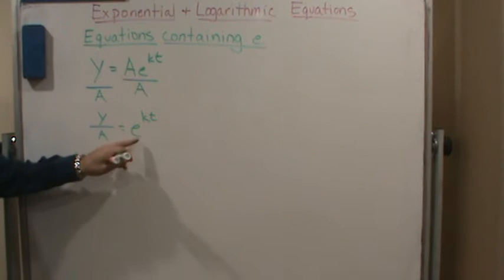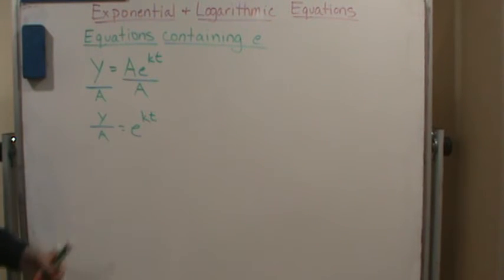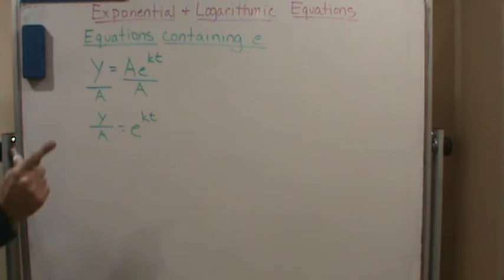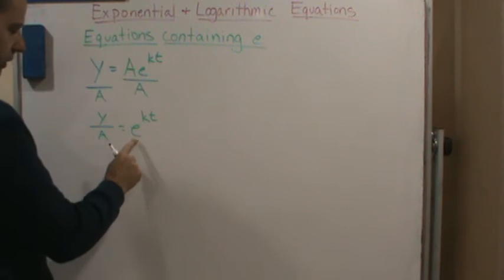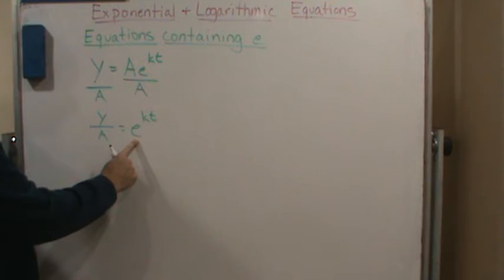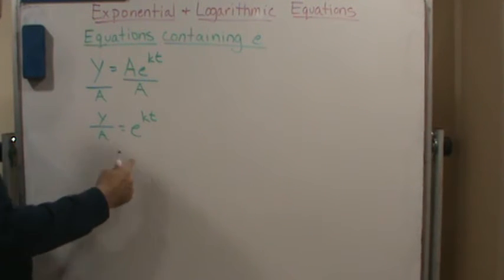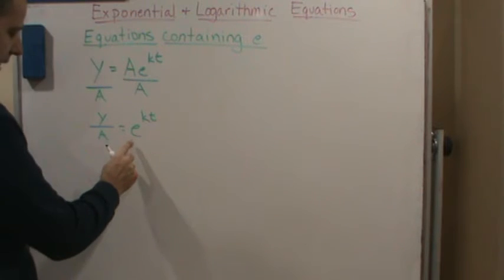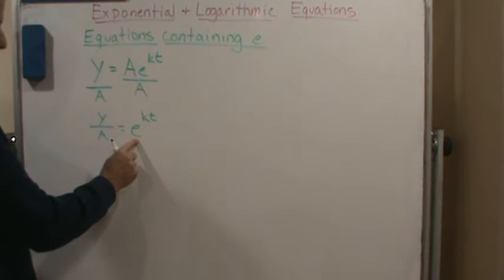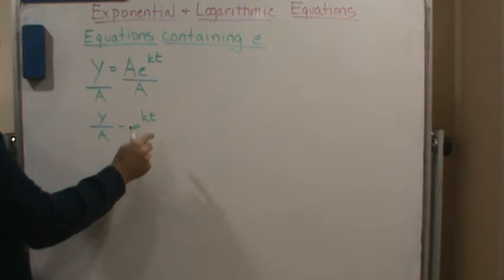Since we're using a natural exponential here, why not use a natural log? Because remember, we can use the inverse property of logs and exponentials, because they undo each other. If I take the natural log of this side, the natural log will cancel with this exponential, and I'll get t out.